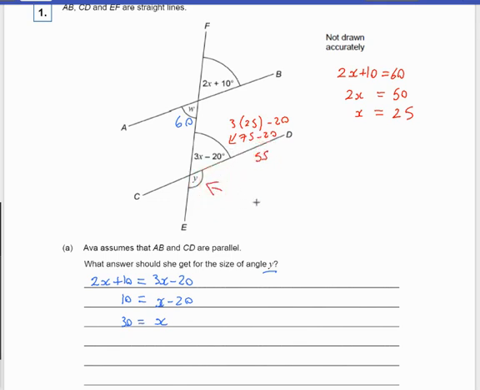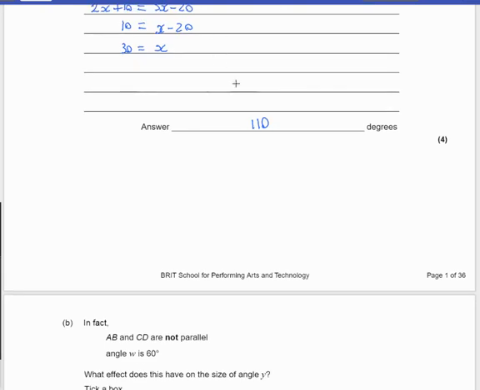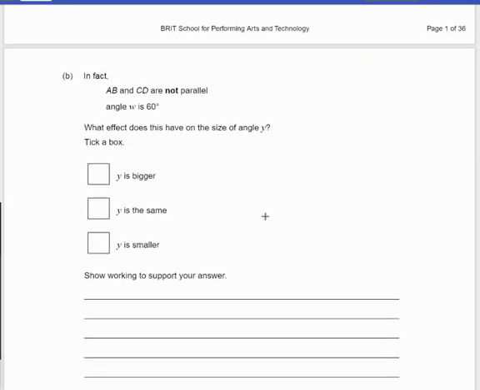And then this angle now, because they still add up to 180 degrees, because they are still on a straight line, y is now going to be 180 take away 55. So therefore, y is equal to 125 degrees. And if we compare that to the 110 degrees we got the first time, that is in actual fact bigger. And the working out is what we had above here.